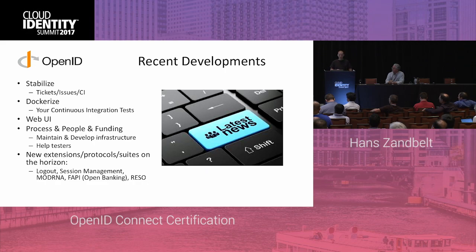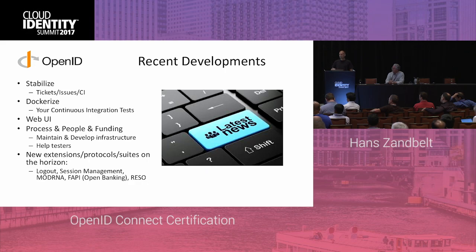We've changed the web graphical user interface a bit to bring it up to speed, and we've injected some more people and funding to help develop the infrastructure and also help the testers.